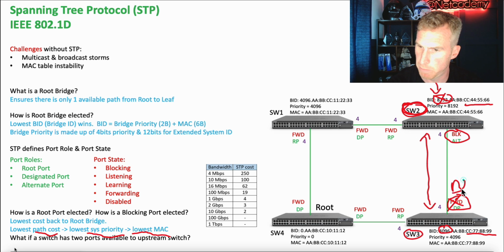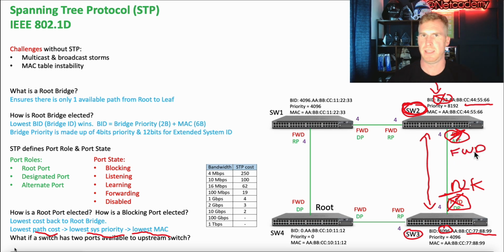So we'd now be blocking on SW3's interface right here, and this would go into a forwarding state. So you can really see there just how changing the priority value, and having a lower MAC address, can really influence what ports are actually in that forwarding state and what ports are in that blocking state.